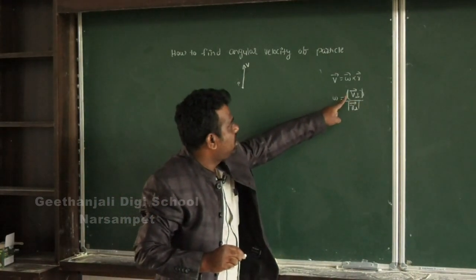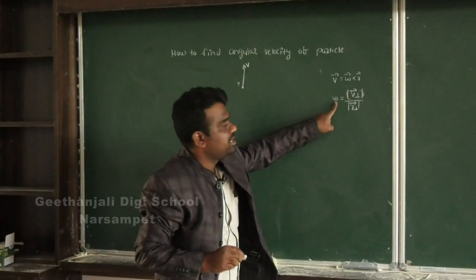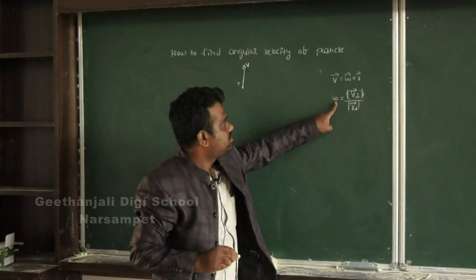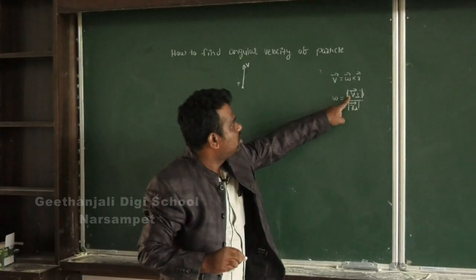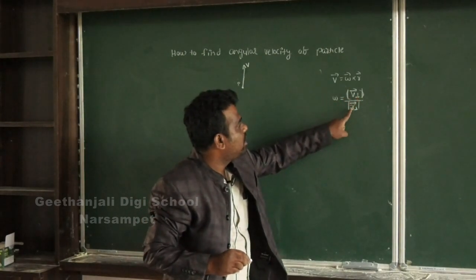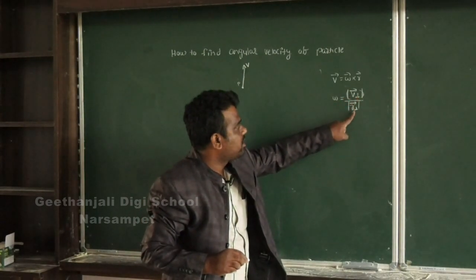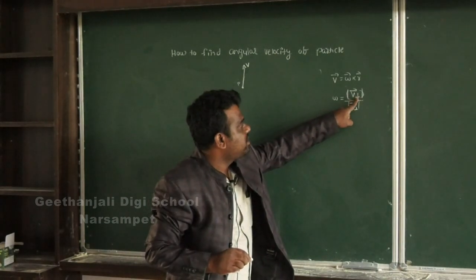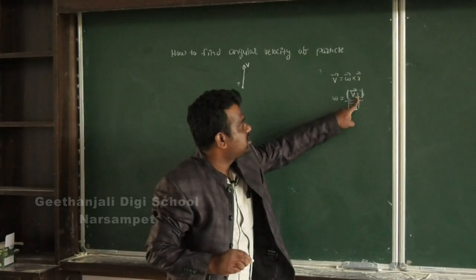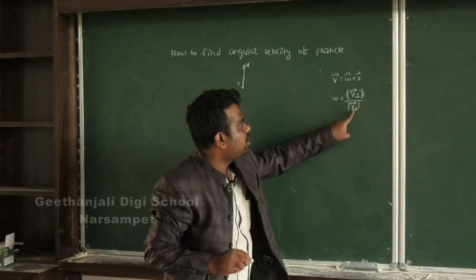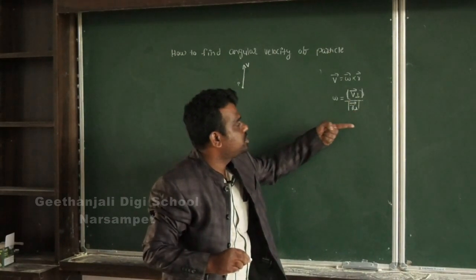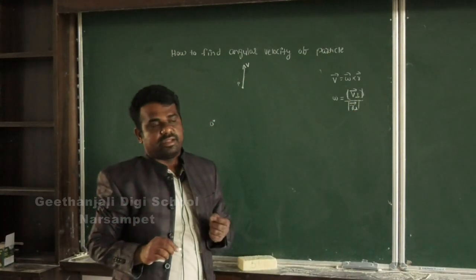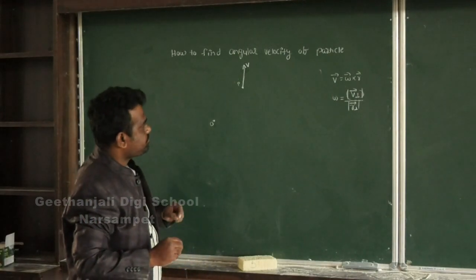So by using this relation we can find the angular velocity of the particle. V perpendicular means the perpendicular component of velocity. Mod r bar is the magnitude of the position vector, right?